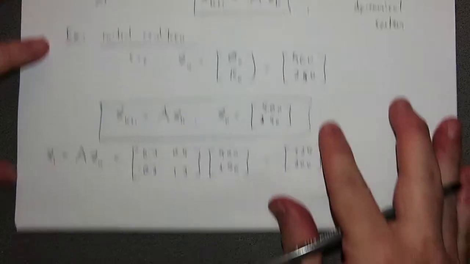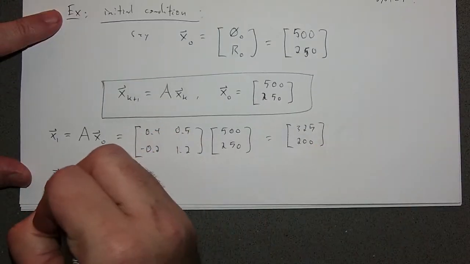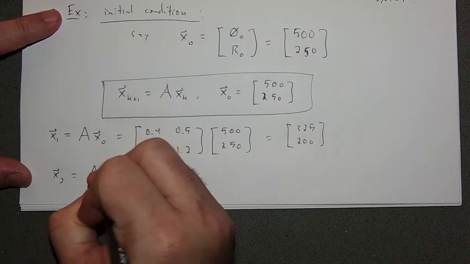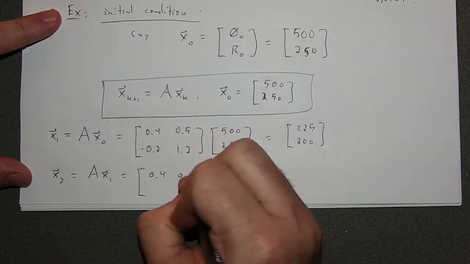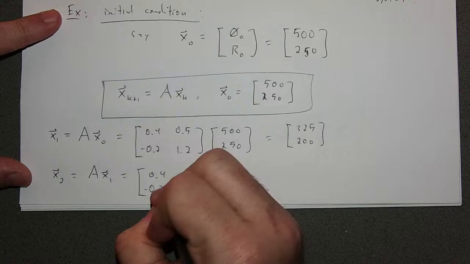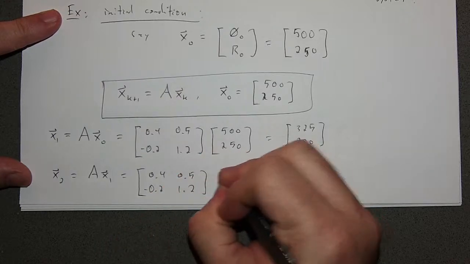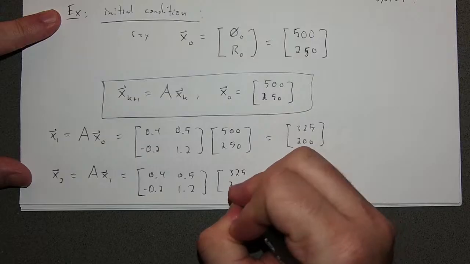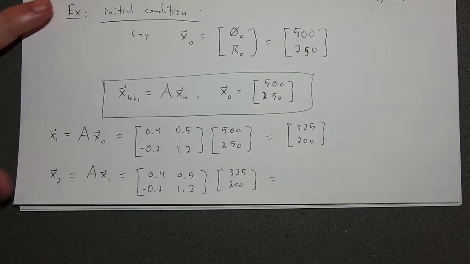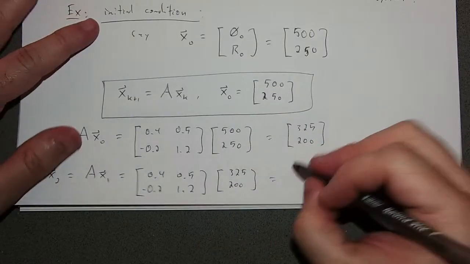But then x sub 2 is A times x sub 1. So it's this exact same matrix. This will be the last time I write this out. Otherwise, I'm just going to shortcut it. Here the vector that goes in is this previous vector, 325, 200, which gives us 230, 175.